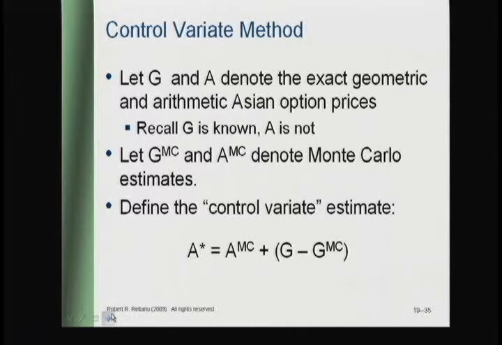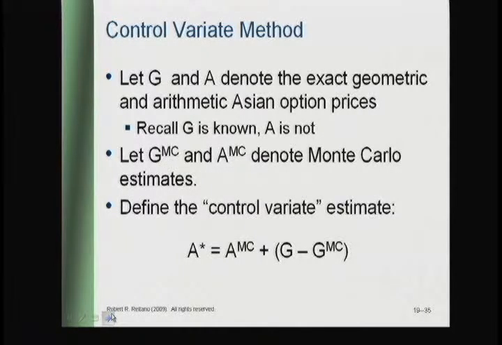And the intuition is to say, if I'm estimating a random variable, and there's another random variable that I know how to estimate better, or I know what the error of the estimates are, I might be able to use the error of the second random variable to improve the estimate of the first.